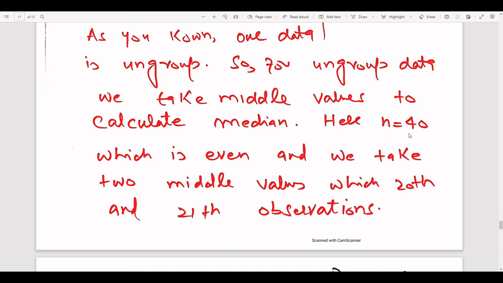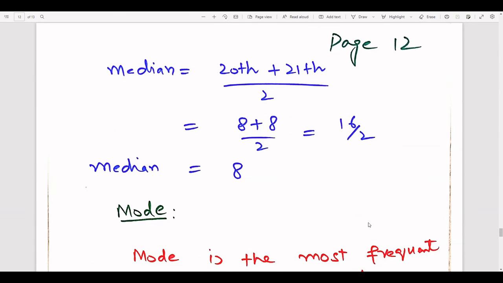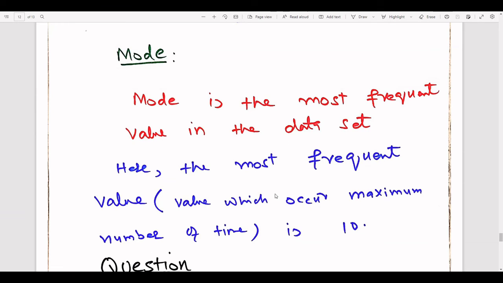When the number of observations is odd, we take a single middle value. But in this case n is equal to 40, which is even, so we take two middle values, which are the 20th and 21st observations. Median is equal to 20 plus 21 divided by 2. So the answer is 8.